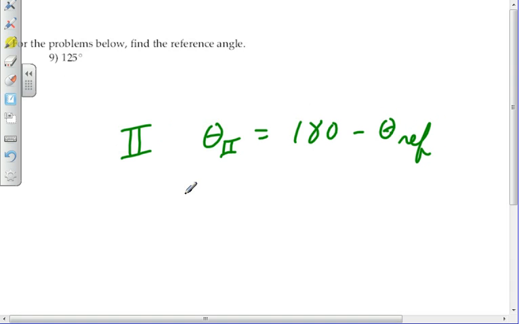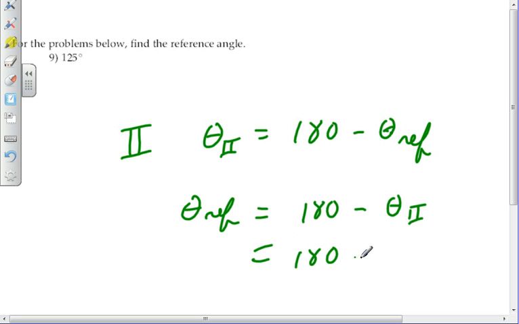So I want to know the reference angle, which rearranging is going to be 180 minus the angle in the second quadrant. So 180 minus 125 looks to be 55. 55 degrees.